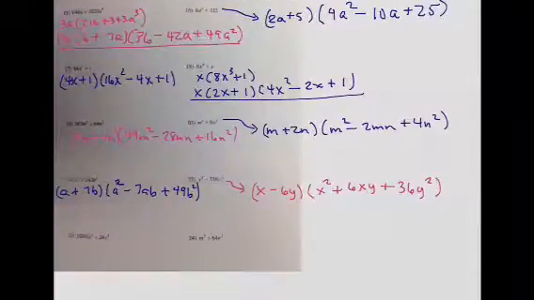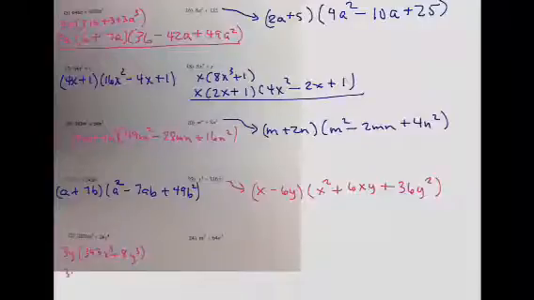Alright, for 23, I'm going to factor out a 3y. So 3y comes out. And so that's going to leave me with 343x cubed plus 8y cubed. Okay, so in the parentheses I have the sum of two cubes. So the cube root of 343x cubed is going to be 7x.